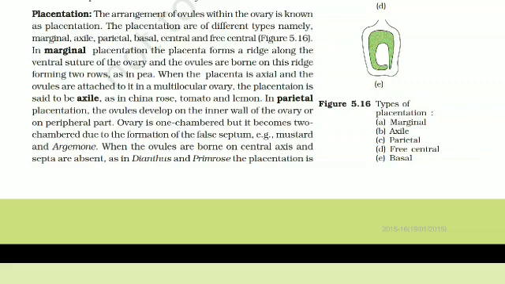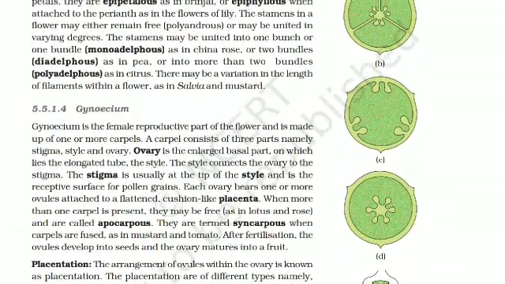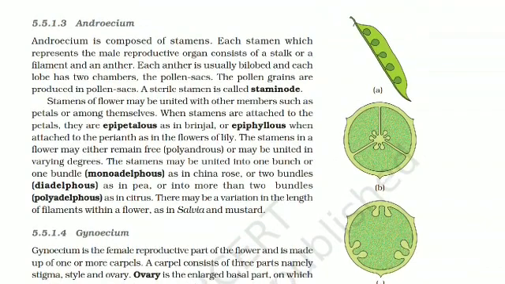While learning about the marginal placentation, you just think of the pea. You have seen the peas and how the pea seeds are arranged over there. So, from there you can know what is the marginal placentation. As you are seeing in figure A, the placenta forms a ridge along the ventral suture of the ovary, and the ovules are borne on this ridge, forming two rows.